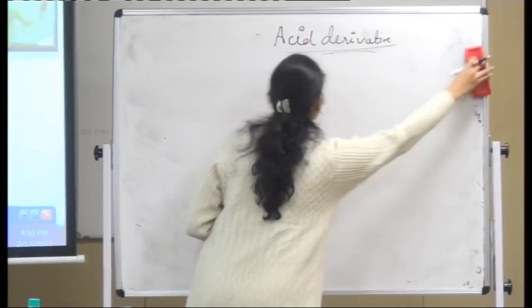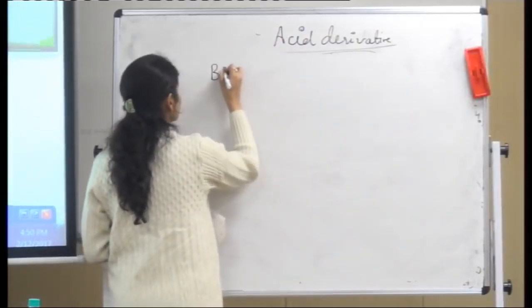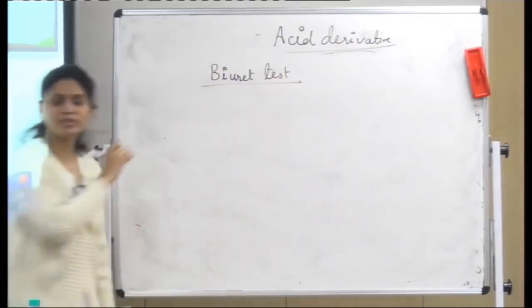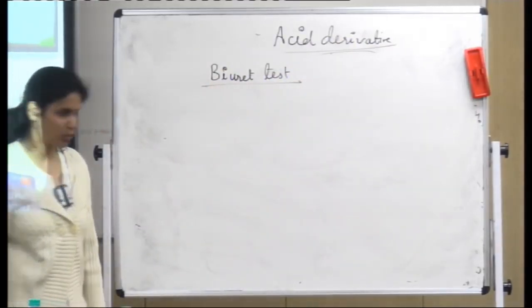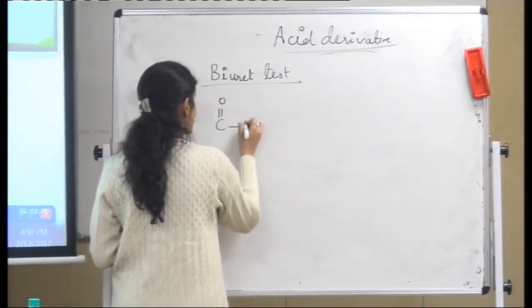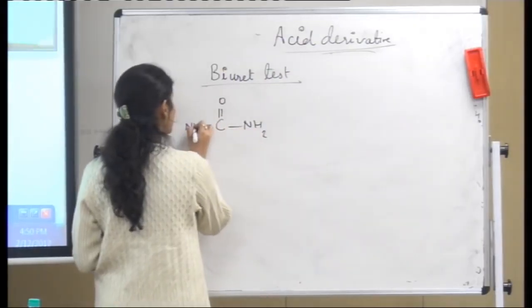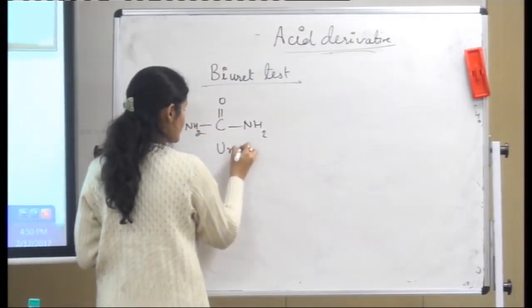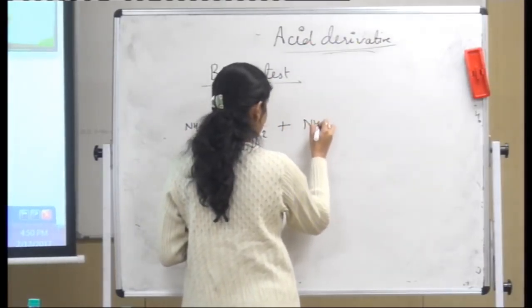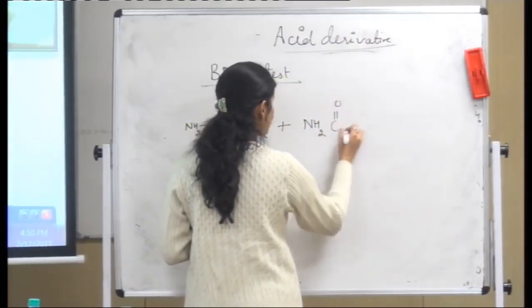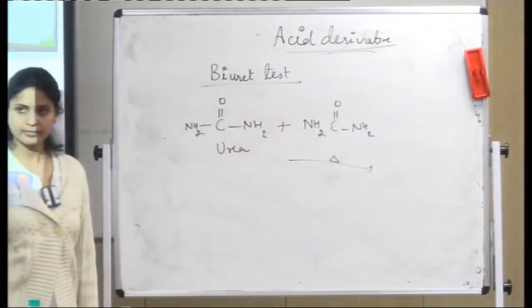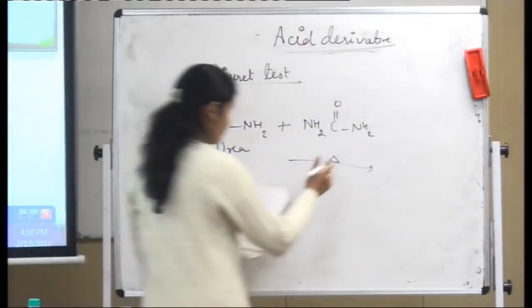There is one famous test called the biuret test. Have you performed this test in the laboratory? No. Alright. Suppose I want to know whether the given compound is urea or not, right? So what will I do? I'll take urea in a test tube and start heating it. Triangle means heating, right? What will happen?